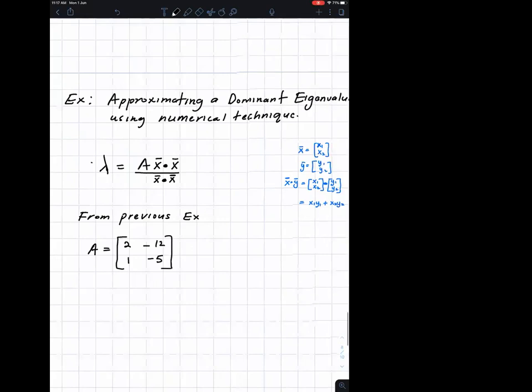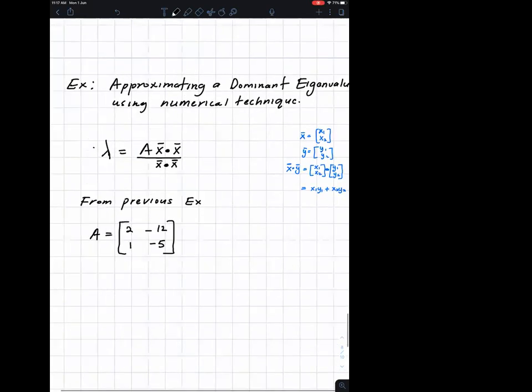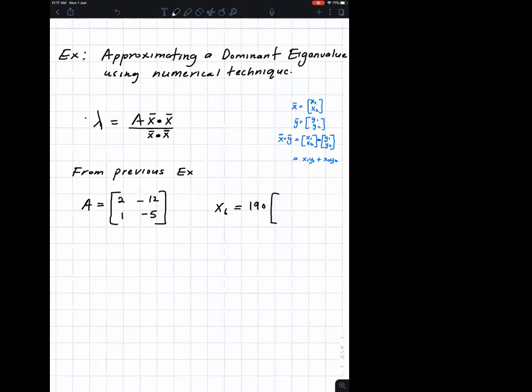And then we found out on the 6th iteration, the eigenvector is 2.99 multiplied by the vector 1, 0.